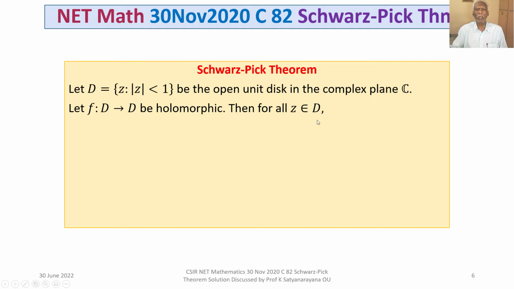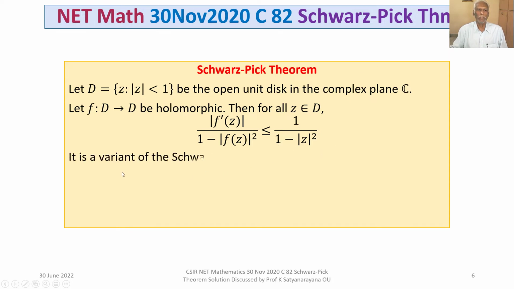Then, for all z belongs to D, mod of f prime z by 1 minus mod f of z whole square is less than or equal to 1 by 1 minus mod z square.